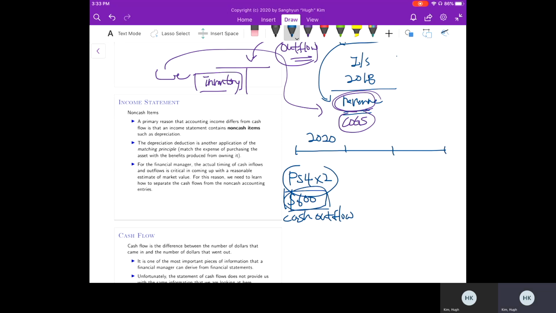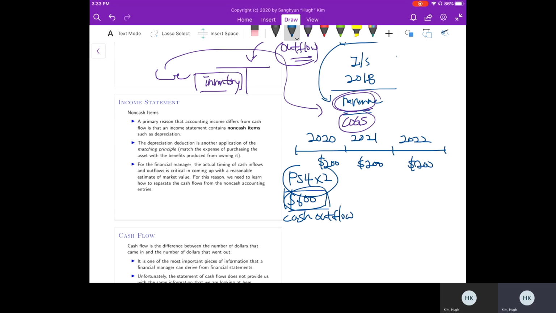Then you recognize this cost over the next 3 years. So 200, 200, 200, in order to match revenues with expenses.